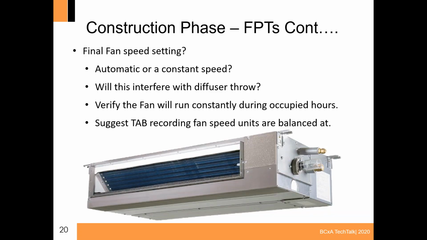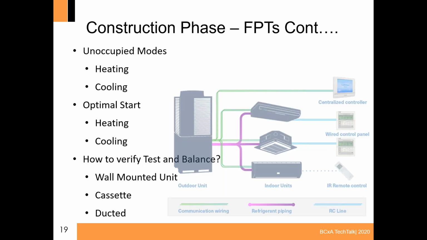Okay, let's see, we'll try to get through one or two more here. On slide 19, you mentioned unoccupied set point of 58, or excuse me, 55 over 85. I was under the impression the VRFs operate most efficiently when they maintain closer to occupied set points. Is this correct?